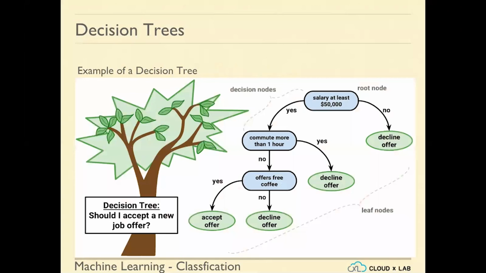Your algorithm is: if the salary is at least 50,000, yes; if the commute is within 1 hour, no; if the offer offers free coffee, then yes, accept the offer. Otherwise, decline the offer.